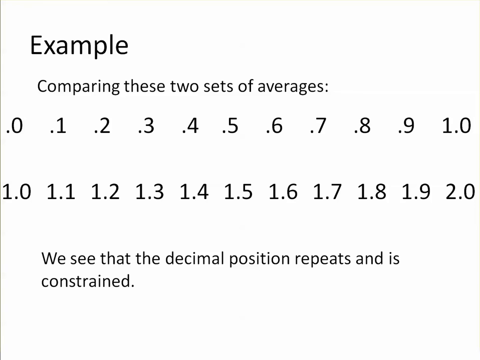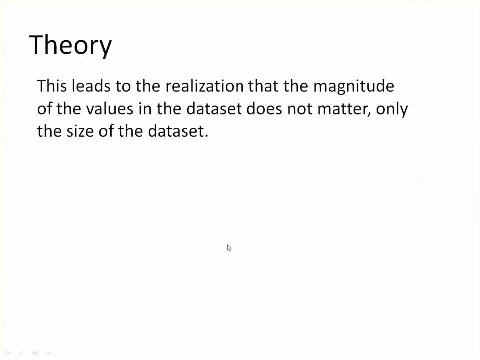Comparing these two sets of averages, we notice that the decimal position is just repeating itself, and it's constrained to these values. So this leads us to the realization that the magnitude of the values in the dataset doesn't matter, only the size of the dataset.